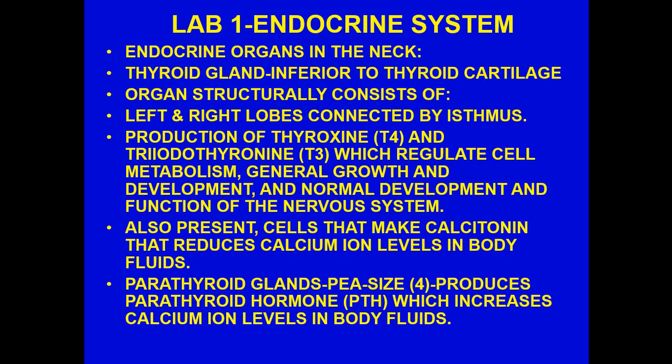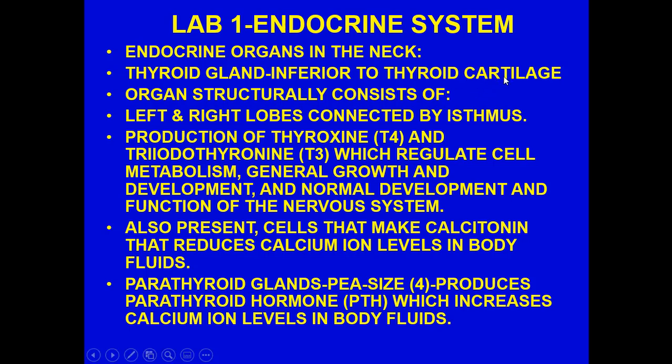Basically, the thyroid gland is involved with the production of thyroxine, which is referred to as T4 because it has 4 iodine atoms attached to the molecule, and then triiodothyronine, T3. In T3, you have only 3 iodine atoms attached to the molecule.